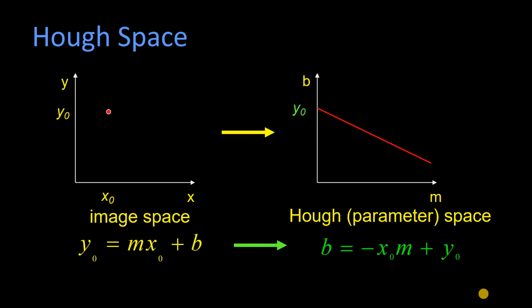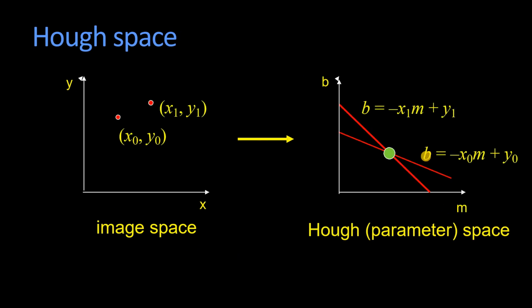So again, from another angle, the same concept is given. You have got a dot over here, a point in the image space. It is represented by a line in the Hough space, and you see the formulas. You have two dots. These two points will be represented by two lines in the Hough space.